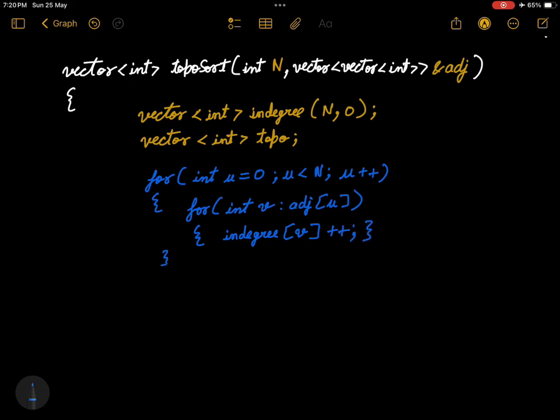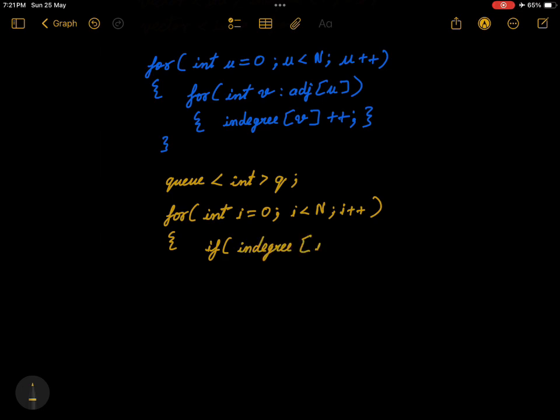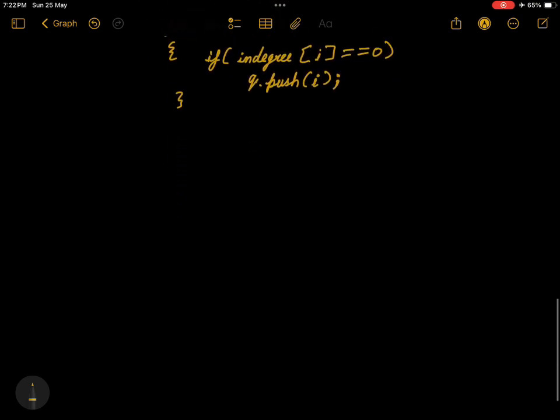Now second step, remember one thing, we can have multiple independent starting nodes in a graph, in a complex graph. So before starting our BFS, we have to push all of those independent nodes in our queue. So whenever we find the in degree 0, we'll push it into the queue. It's similar to multi-source BFS, which we studied earlier.